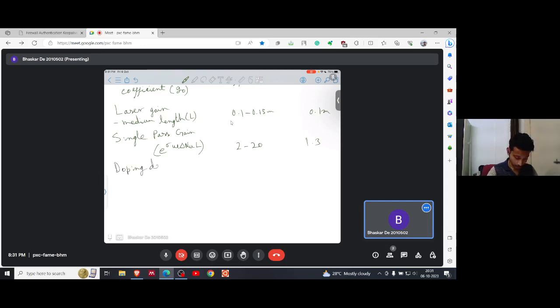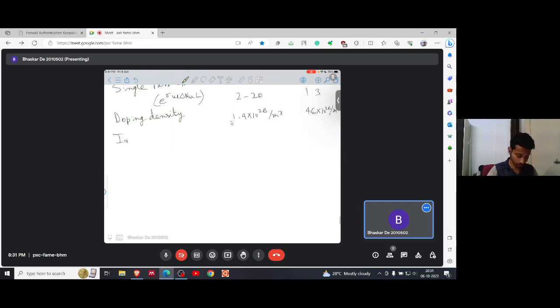Doping density is 1.4 into 10 to the power 26 per meter cube, and here it is 4.6 into 10 to the power 26 per meter cube.